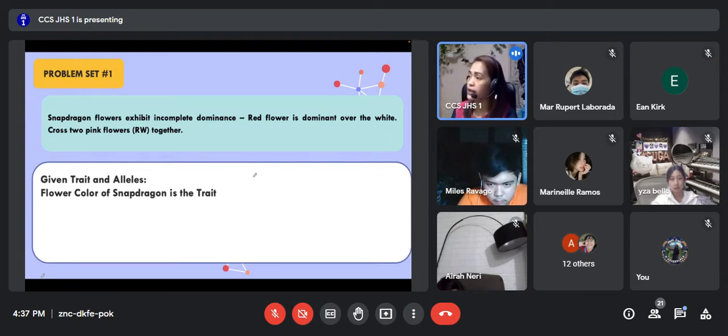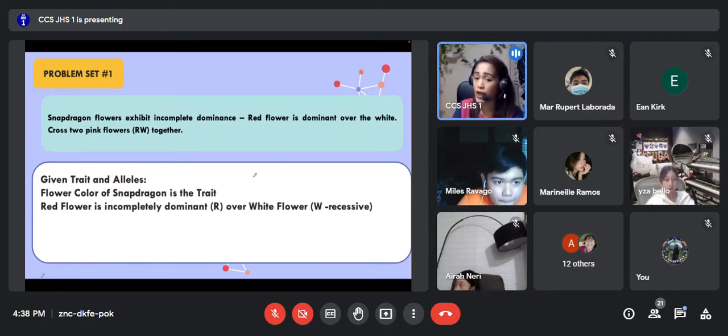The trait here is the flower color of the snapdragon plant. So what are our options or alleles based on the problem? Red and white. And take note, because this is incomplete dominance, pink is also another option.